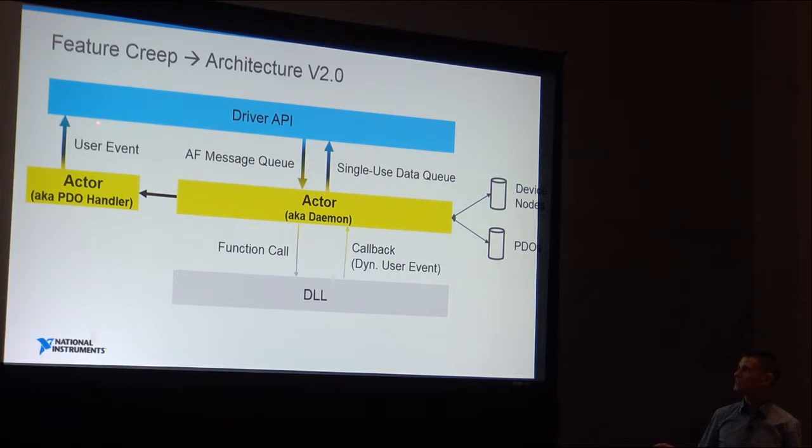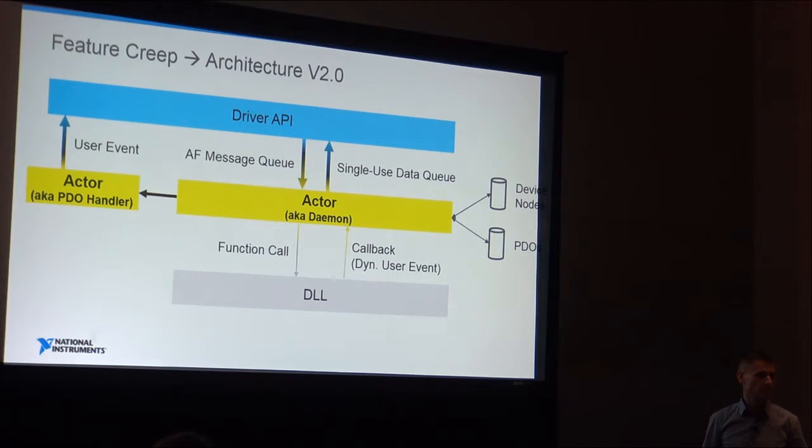And you can configure this PDO handler actor to send user events to the driver API, and you can configure which PDO of which node you want to receive, and you can also do that dynamically. So you can choose, while the driver runs, I want to have device node number 16, and want to have the PDO 0, and somewhat later you can add the 1, and that's quite handy. So at least for me.